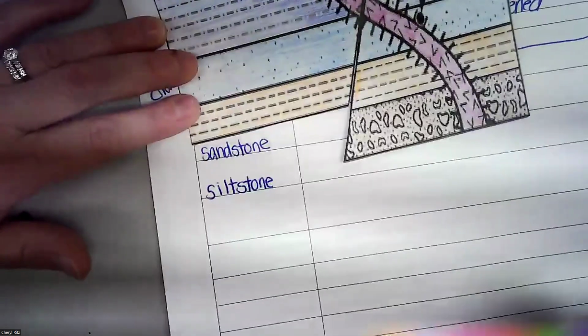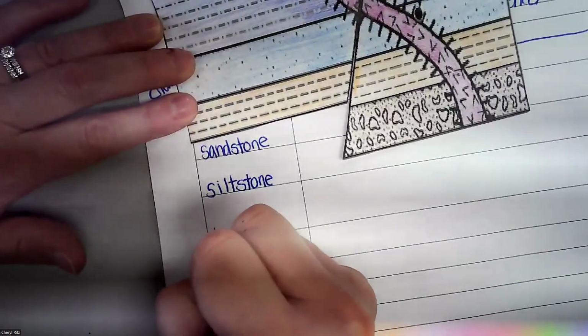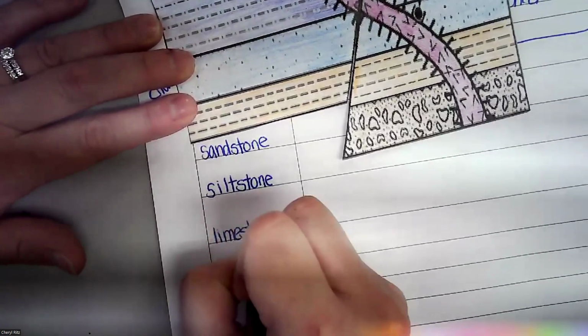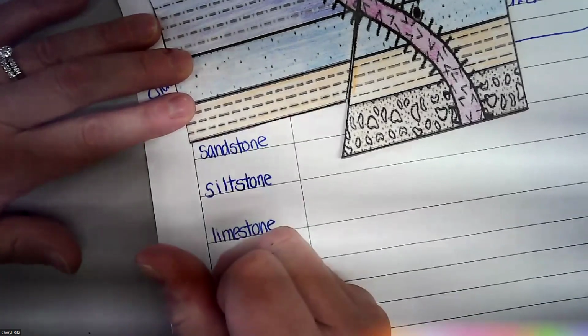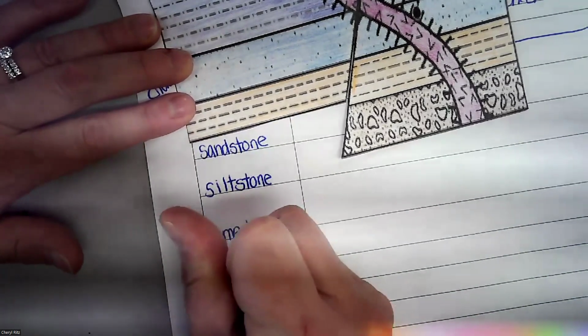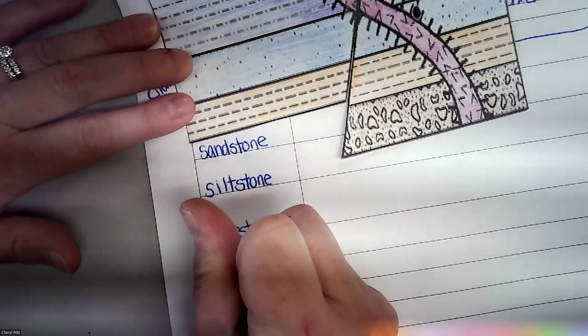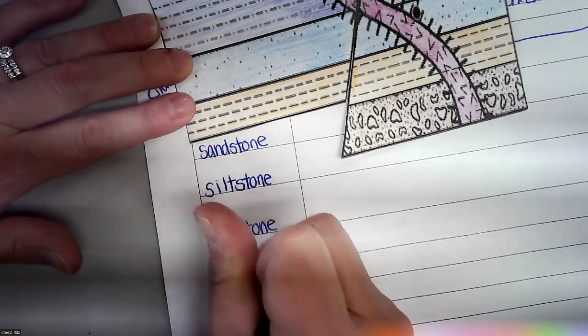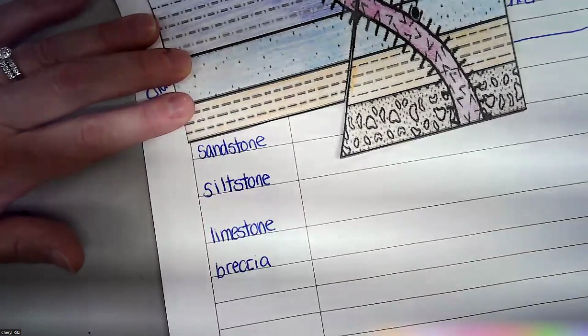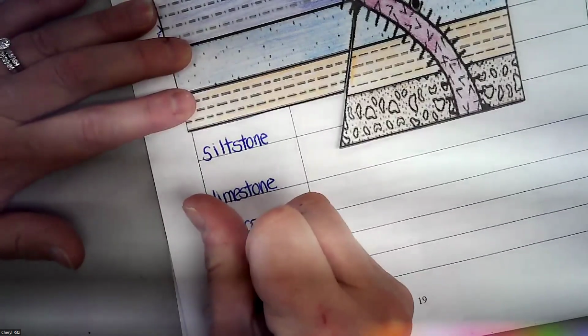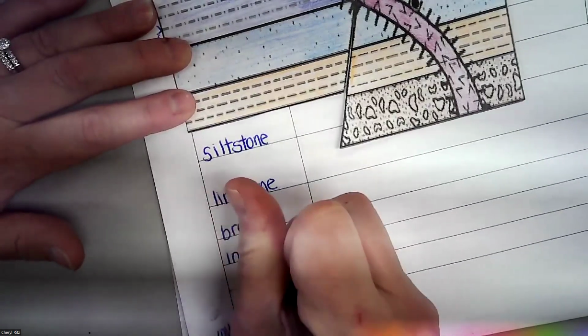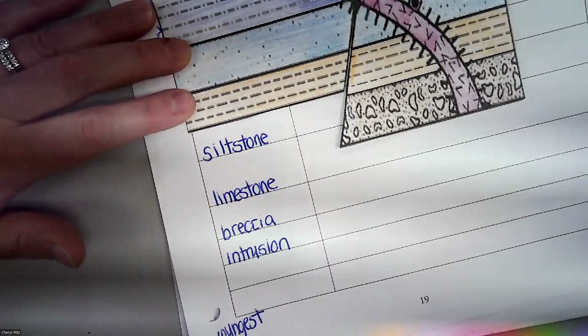Then what happened? Then. Good. Breccia. Then what?